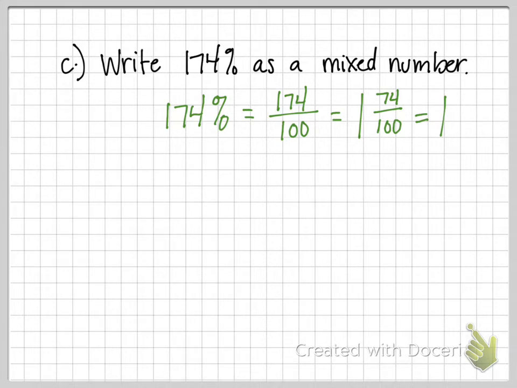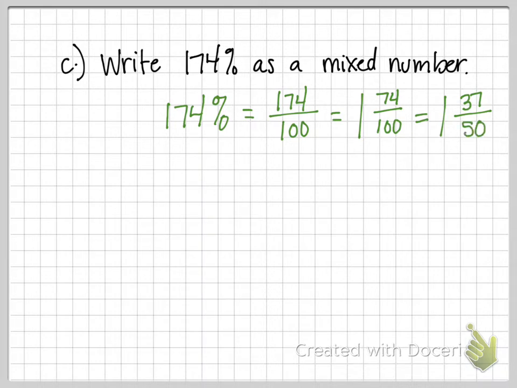I feel like there's probably something bigger, but I can't think of it. Is it 4? I think it maybe just is 2 then. So 74 divided by 2 is what? 37. 37 over 50.